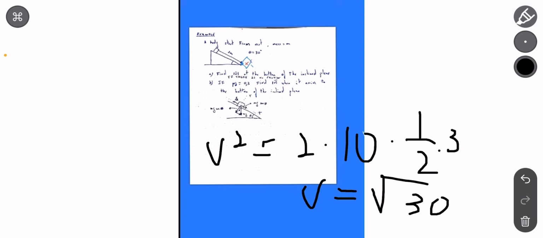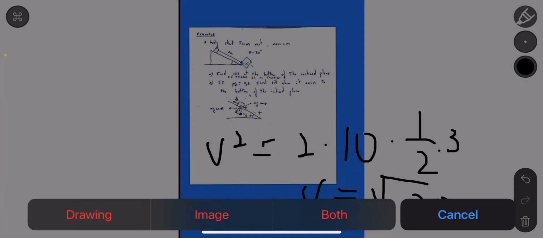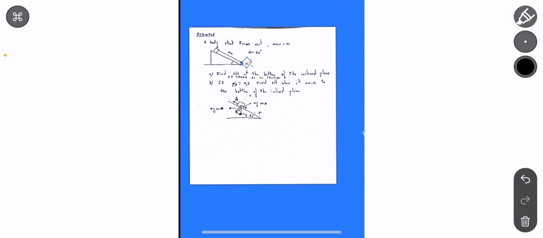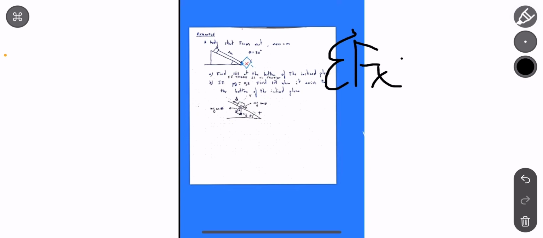Afterwards, we have to pay attention here. The sum of forces in x1 is equal to max1.